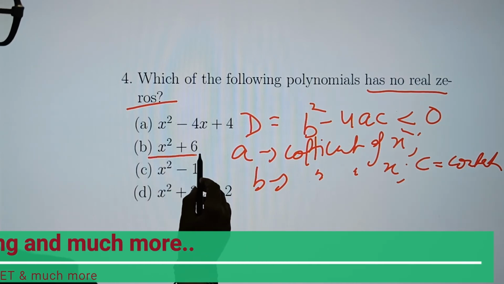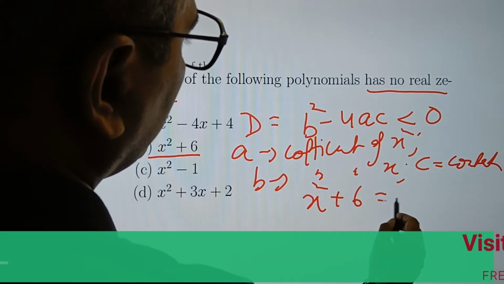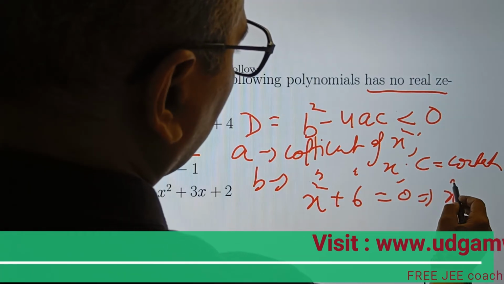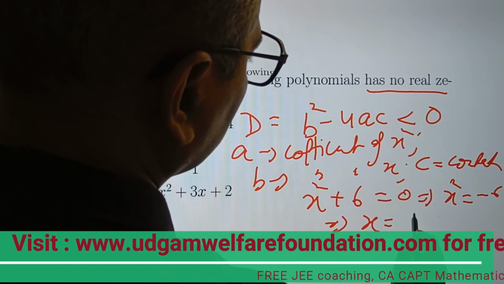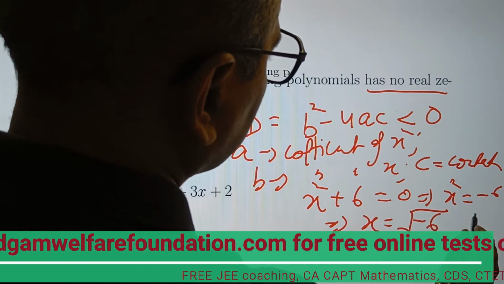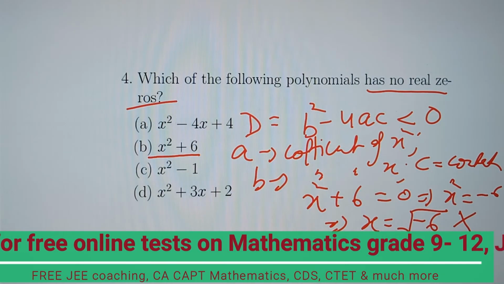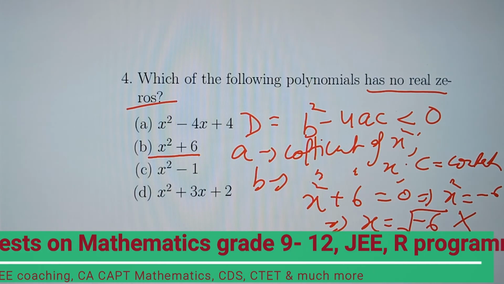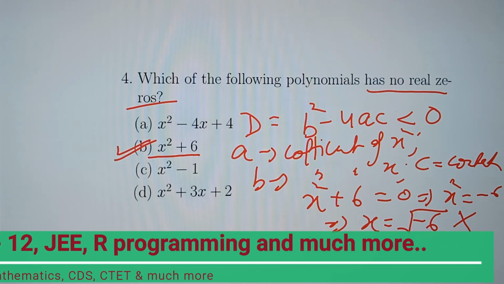Here we can see that x square plus 6, so x square plus 6 equal to 0. So this implies x square is equal to minus 6, and this further implies that x equals root over minus 6, which is not real. Hence we can simply say directly that this particular option will have non-real zeros.